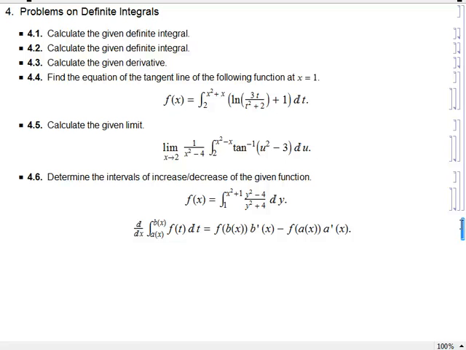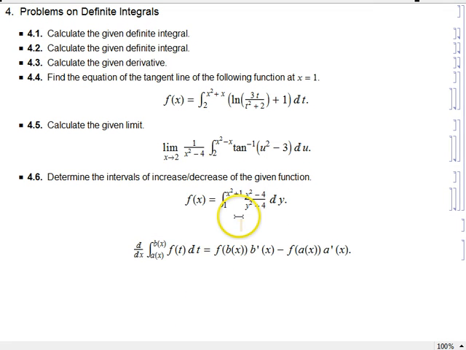So in order to find the intervals of increase and decrease, what do you do? You have to take the derivative, and then you get an expression, and you have to do some factorization. Something like that. And then if that's greater than 0, what do you mean by that?